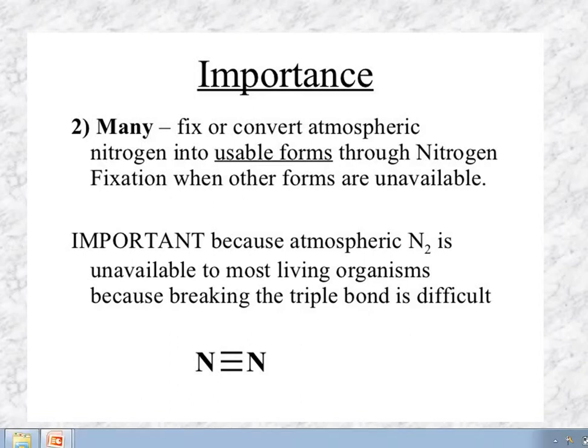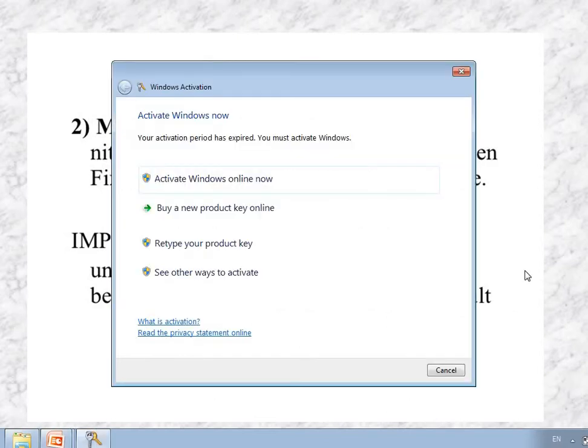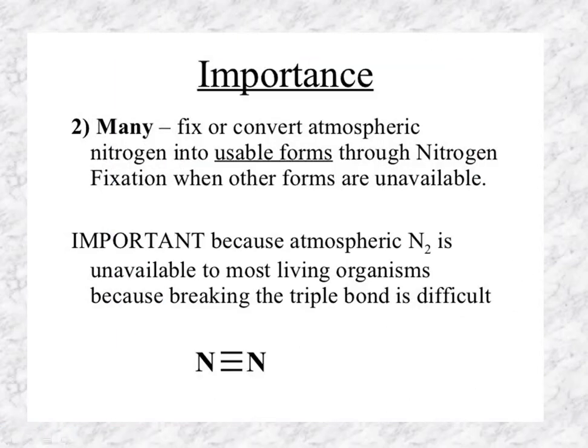So that is part of the nitrogen cycle, because most living organisms cannot use atmospheric nitrogen to make up their proteins. So this atmospheric nitrogen must be converted into nitrites and nitrates.